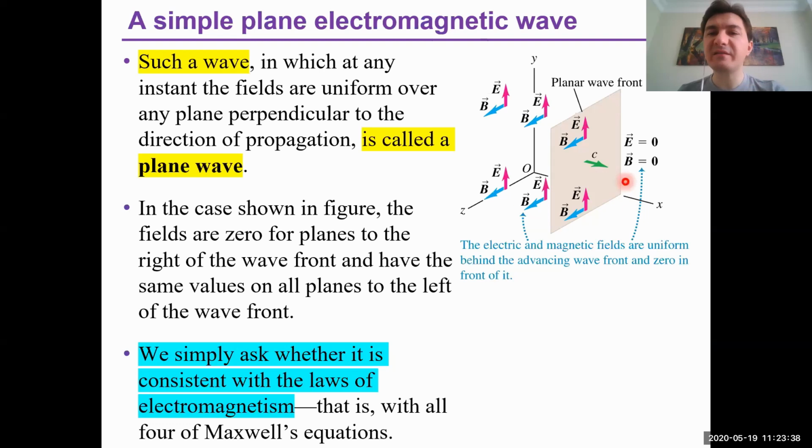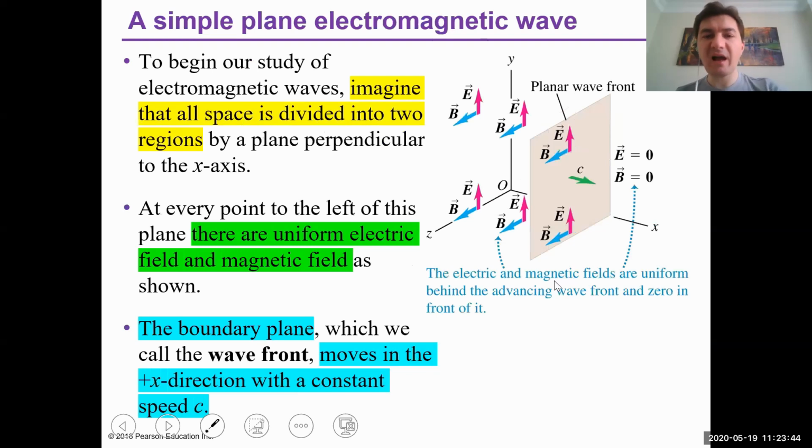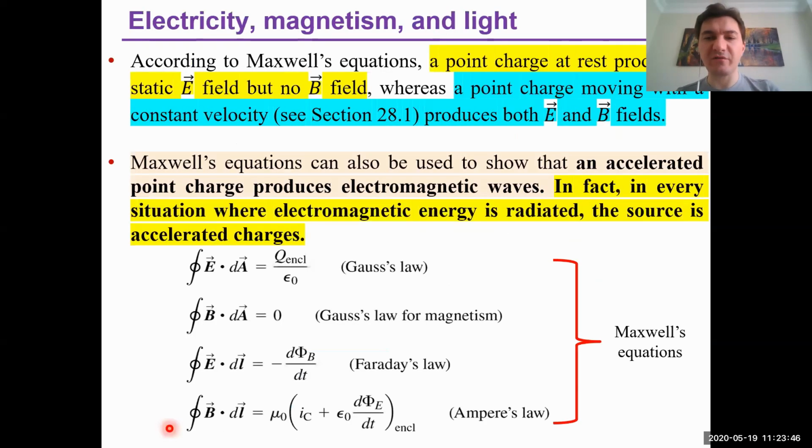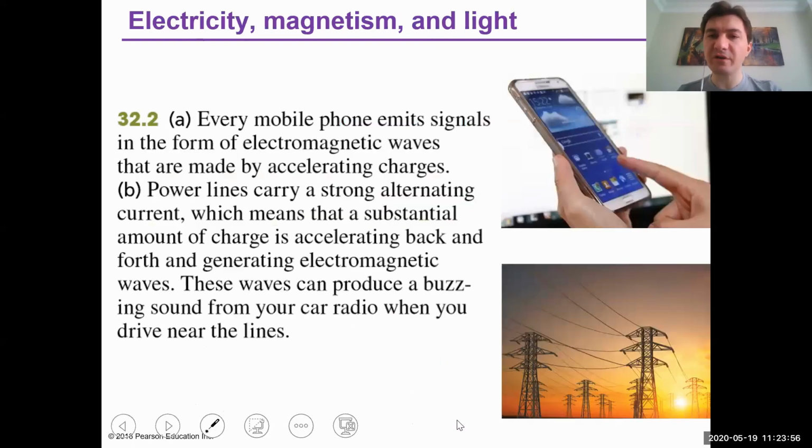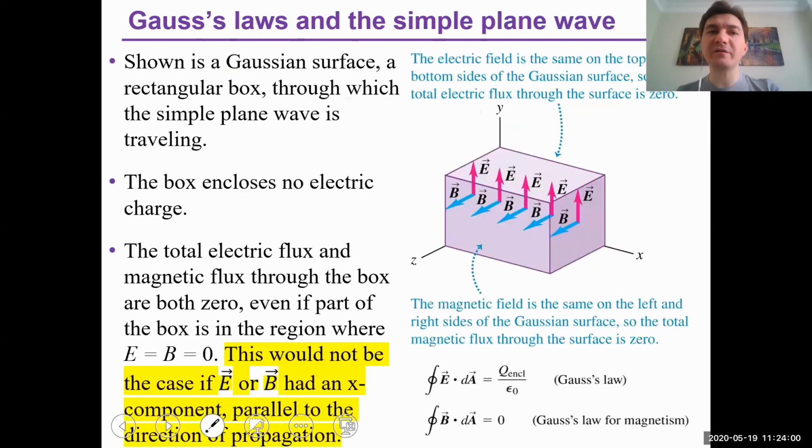So now let's try to analyze that system by using Maxwell's equations. So we have 4 equations of Maxwell, right? So apply Gauss's law for electricity, Gauss's law for magnetism, apply Faraday's law and Ampere's law for that condition. Let's start with the Gauss laws and the simple plane wave here.